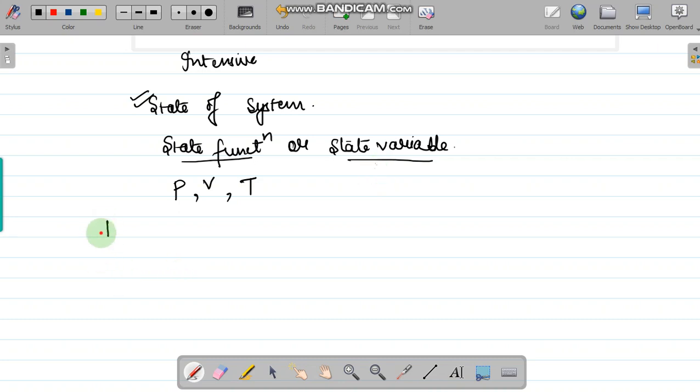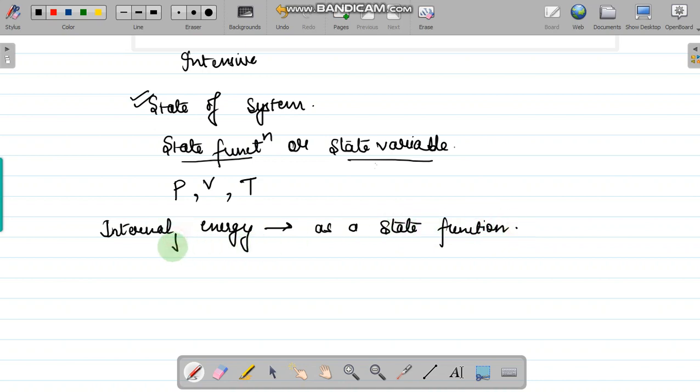Then next we have the internal energy. This internal energy we are going to read as a state function. It is denoted by U. Now, what is this internal energy?